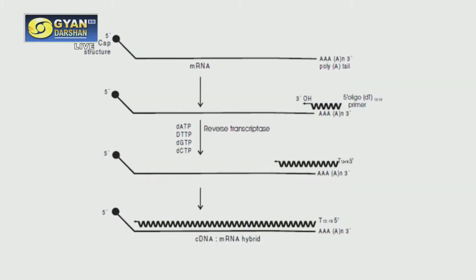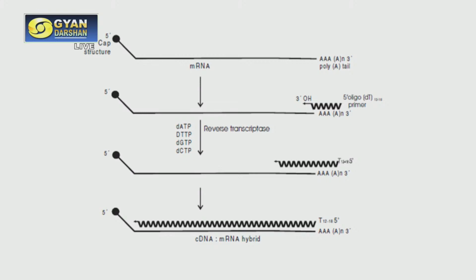This is the diagram for the preparation of the first strand cDNA. So messenger RNA, use the reverse transcriptase and you get the cDNA, but here what you get is a cDNA-mRNA hybrid, from where you need to synthesize the second strand cDNA. This is the first strand cDNA that you have made.